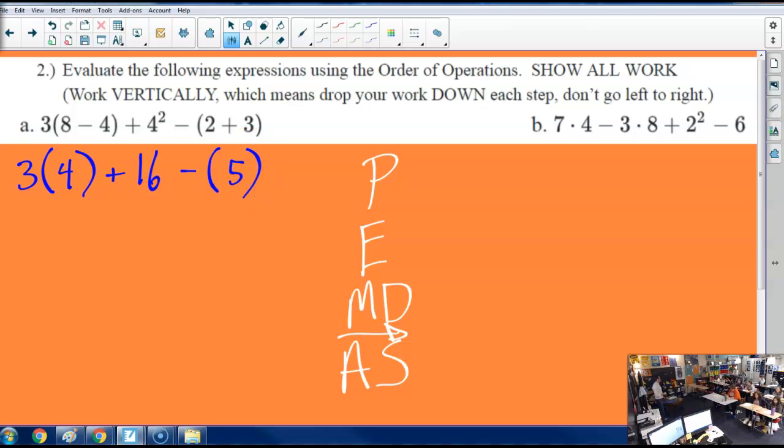If you combine the P and the E, I'm not doing anything that relates to each other. The 8 minus 4 doesn't relate to the 16, and the 16 does not relate to this 5. Yet, I can do those things at the same time. That was my exponent and my parentheses. I could have just done parentheses, then gone back and done the exponent. I would still end up with this written down.